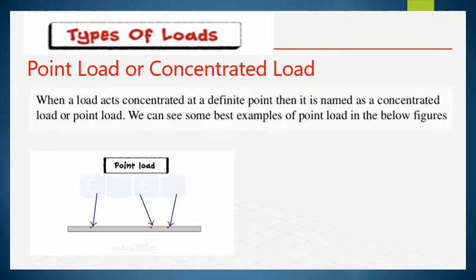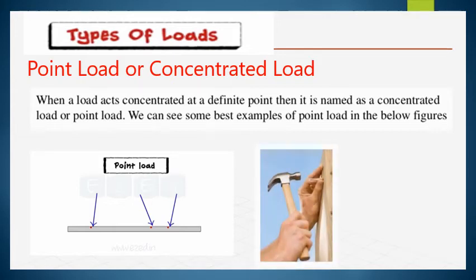For example, a nail: the force is applied at a point, so you can call it a point load. Here the simply supported beam is subjected to a point load. Usually for calculation we assume all loads as point loads. We take the point of concentration as the point where the load is acting.